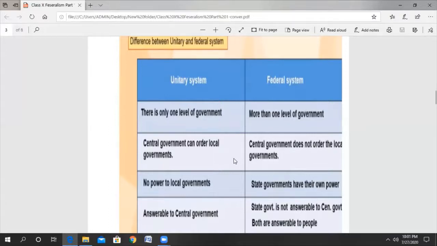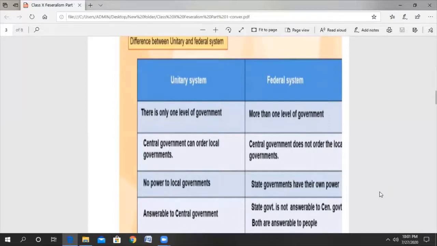Now let's move on to the second point about the unitary system. In a unitary government, the central government can pass orders to the states, or to the local governments.